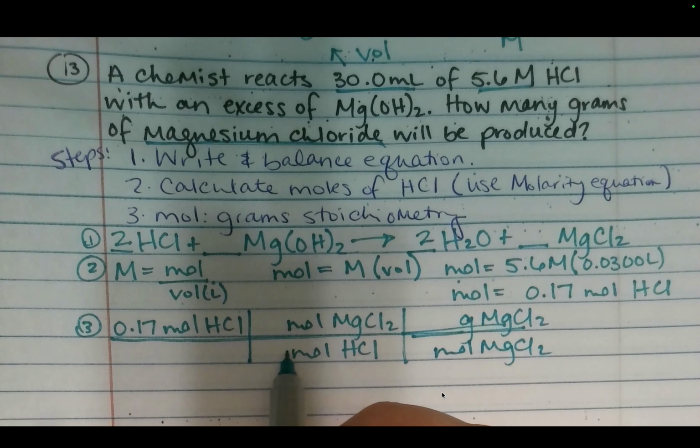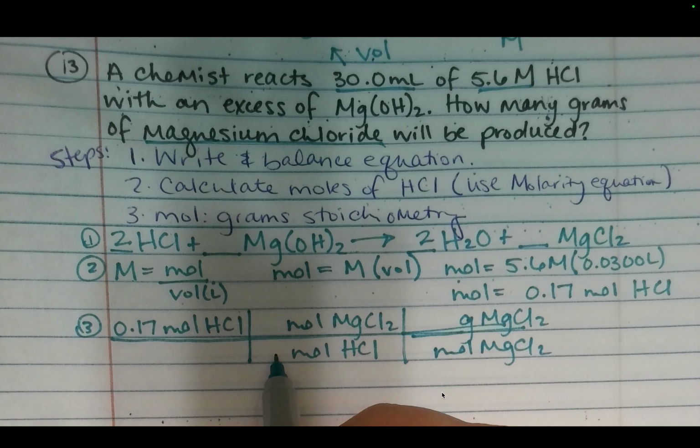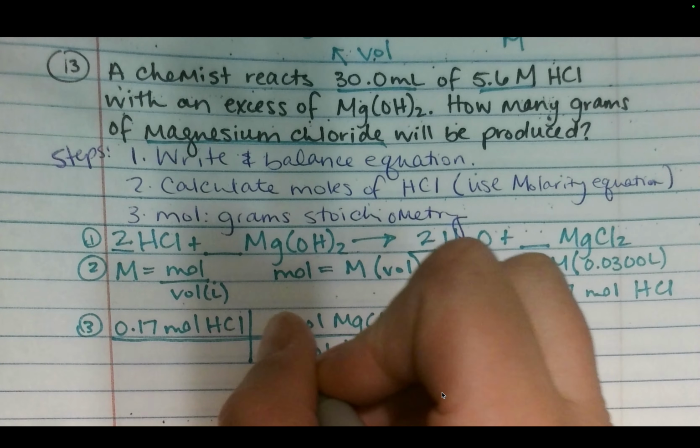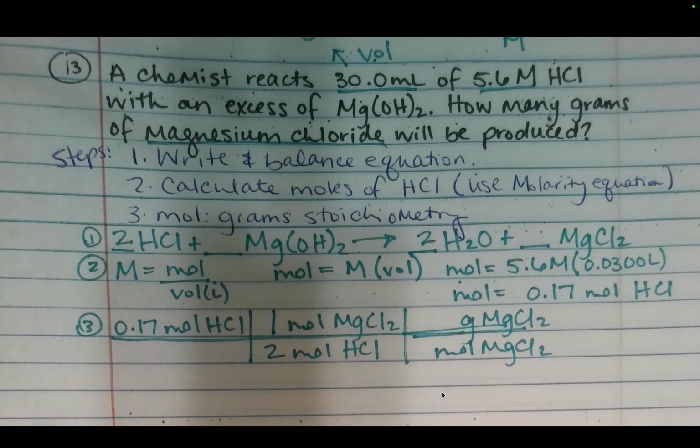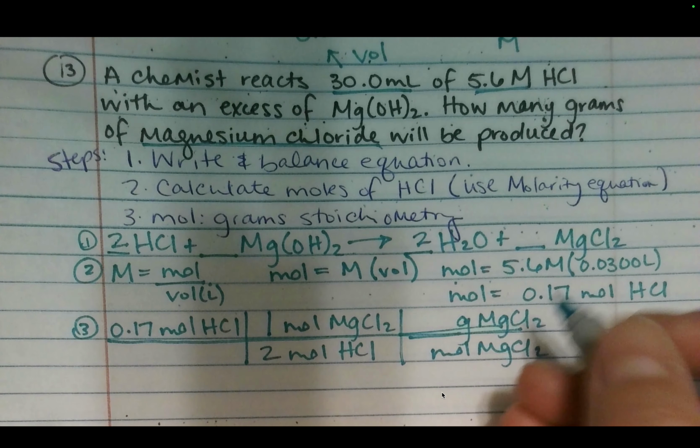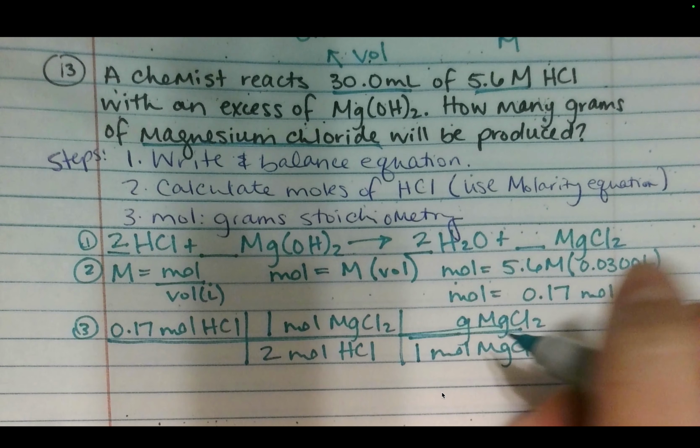When I'm relating moles of two substances, I use the coefficients from my balanced equation. That's why it's so important to write and balance the equation first. So 2 from hydrochloric acid there, 1 from magnesium chloride there, and then I'll calculate my molar mass of magnesium chloride, how many grams in 1 mole.